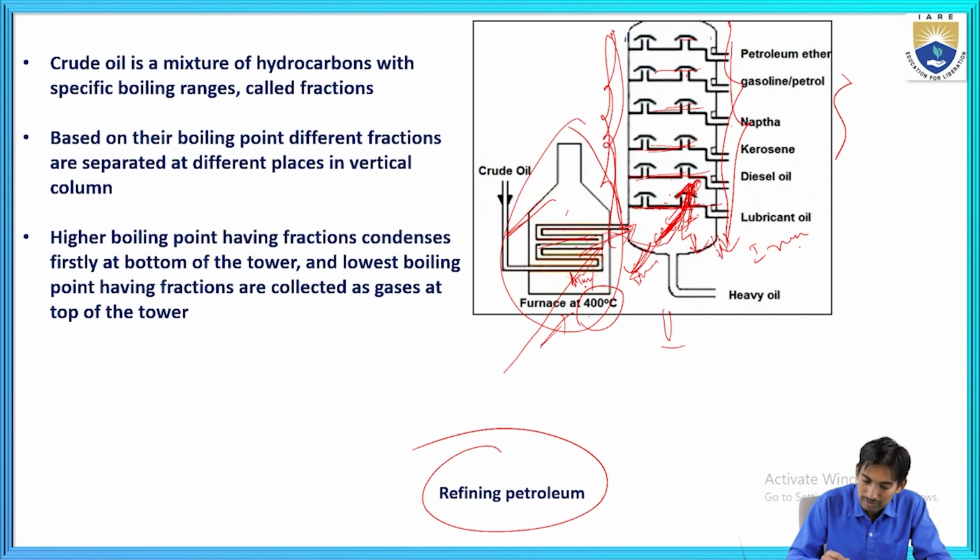After these vapors enter the cylinder, they go up and at some point cool down. Then the vapor is converted into liquid, and at that point we can separate the liquid. This process is called distillation of petroleum.